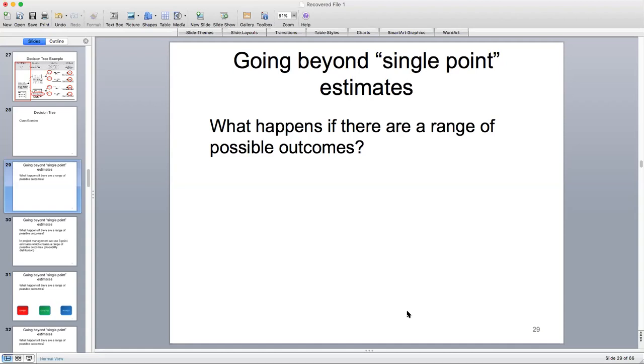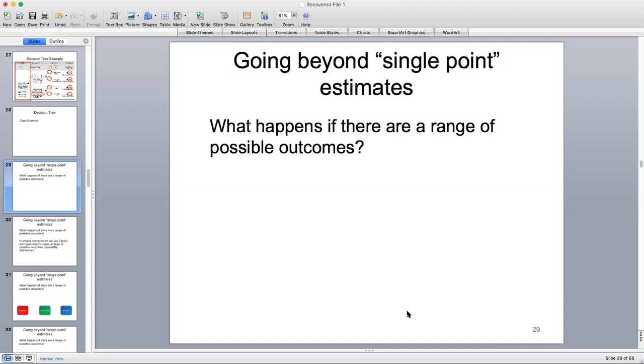So if we predict that a risk response plan might cost $10,000 because of previous projects that have had that same risk response in the past, and we use historical information and maybe some expert judgment to come to that conclusion, that doesn't take into account uncertainty.